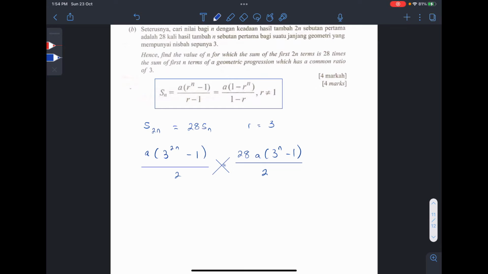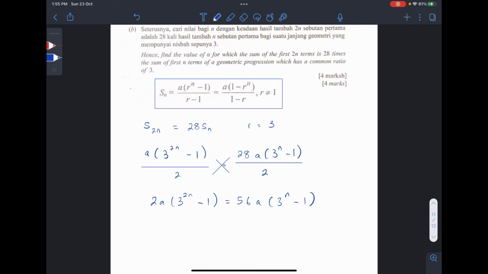So it's going to be 2a(3^2n minus 1) equals 28 times 2. 28 times 2 is, of course, 56. So 56a(3^n minus 1).